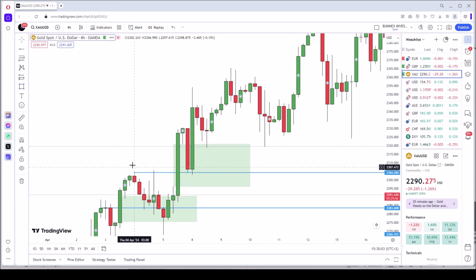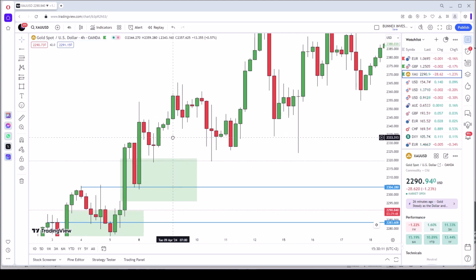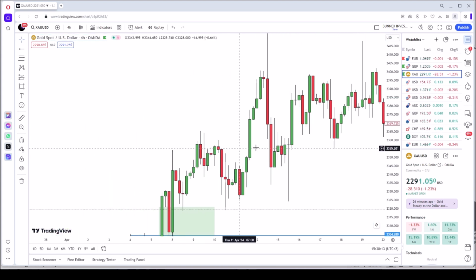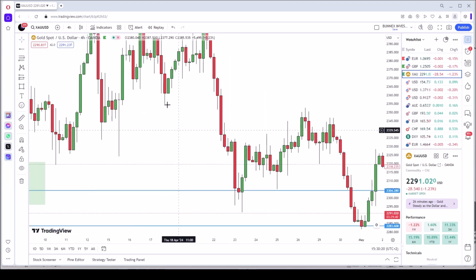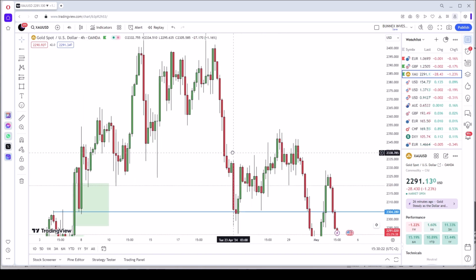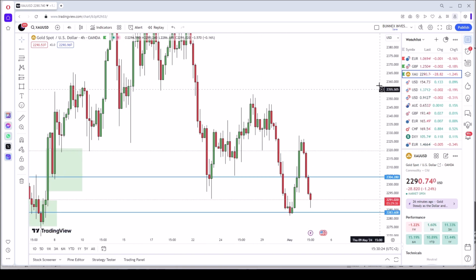Within that fair value gap, there was also a resistance that turned into support later, and this was another point of market entry. Going to the upside again, the market was still creating points of market entry, and now let's check on the sell side of the market structure.